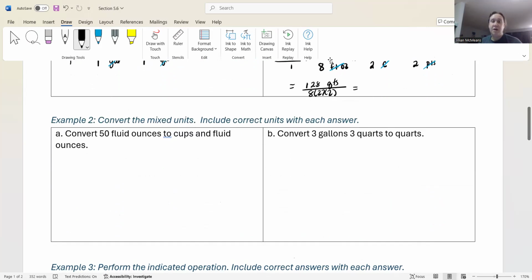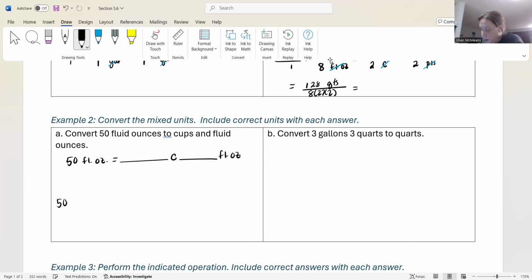Example 2 says convert the mixed units, and include correct units with each answer. Part A, we have 50 fluid ounces, and we want to convert it to cups, and then whatever we have left over will be fluid ounces. We're going to start this just like we would a regular old problem.